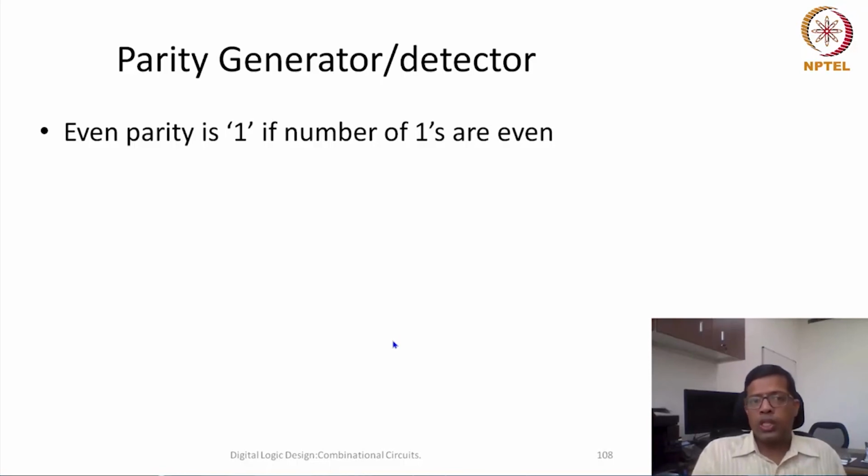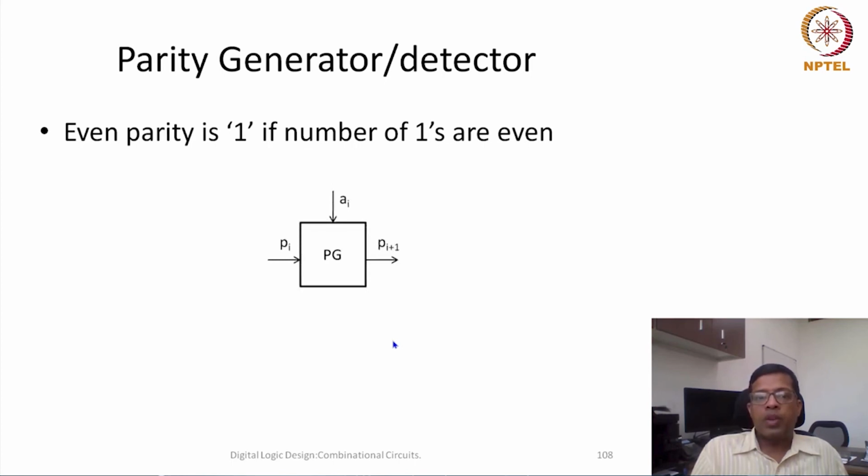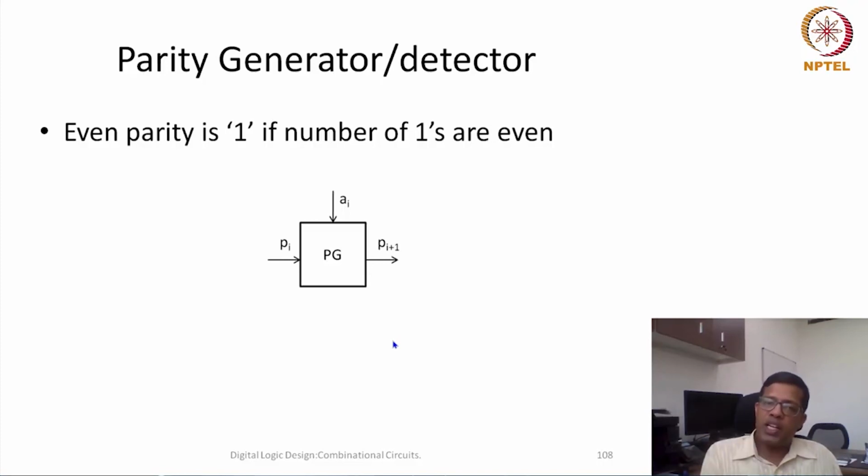Okay, so let's focus on this even parity. In this even parity, what we are doing is, if the number of ones is even, then the output is 1. Now if I want to design a parity generator or a parity detector, what I can do is think of a design where it's also an iterative design.